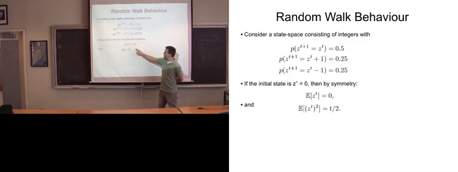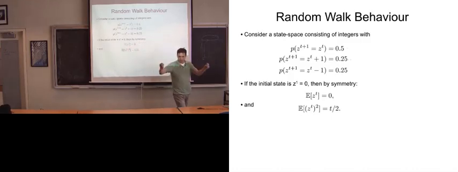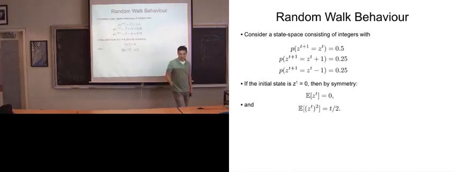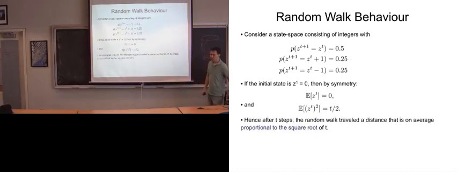Then by symmetry, because you walk symmetrically in both directions, the expected value of z_t is 0. But it turns out that the expected value of z_t squared, which is effectively the variance because the expectation is 0 here, is going to be t over 2. So, roughly, what does this say? This says that after t steps, the random walk will have traveled a distance that's on average proportional to the square root of t.